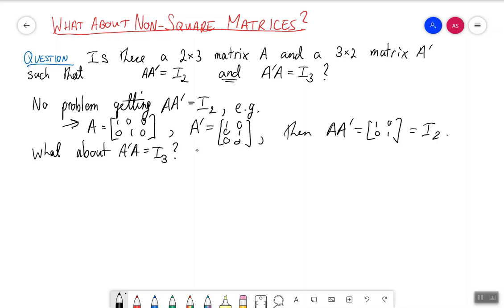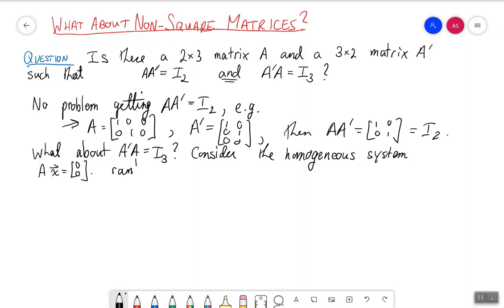So let's consider the homogeneous system AX equals 0.